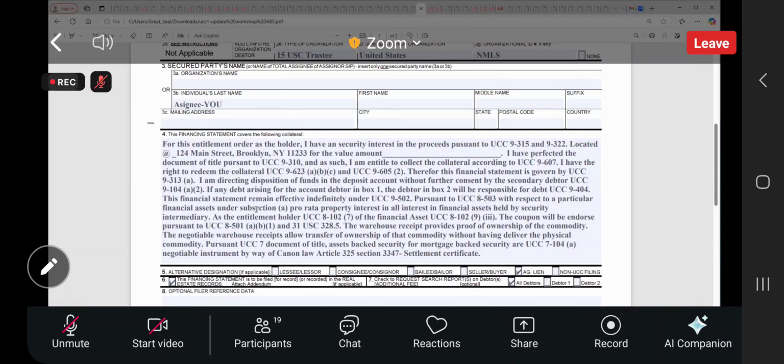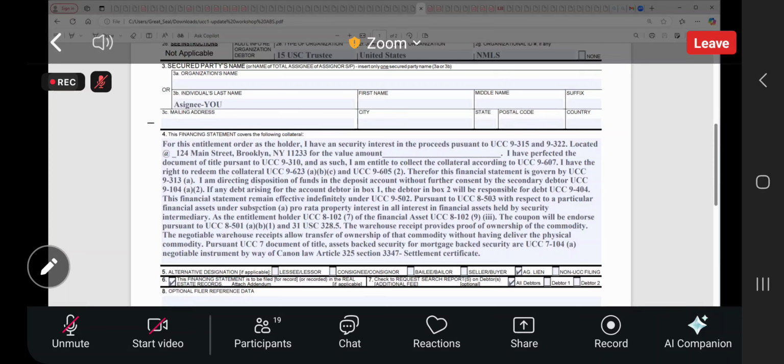We just read that. If any debt arises from the account debtor in box 1, then the debtor in box 2 will be responsible for the debt, UCC 9-404. This is the assignment. This financing statement remains effective indefinitely under UCC 9-502.